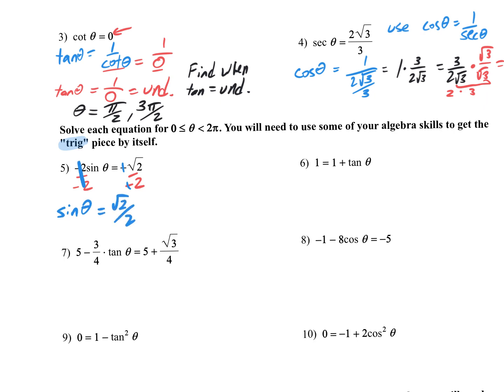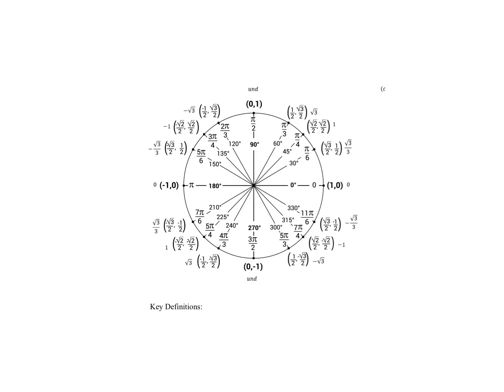And again, now, once that trig piece is by itself, we are ready to go look on our unit circle and see if we can find it. So again, let's go to our unit circle. And on this unit circle, let's look up where sine equals root 2 over 2. So if you have your circle, go ahead and take a second, put your finger on those points. I hope you found these right here. Here's a root 2 over 2, and here's a root 2 over 2 for sine.